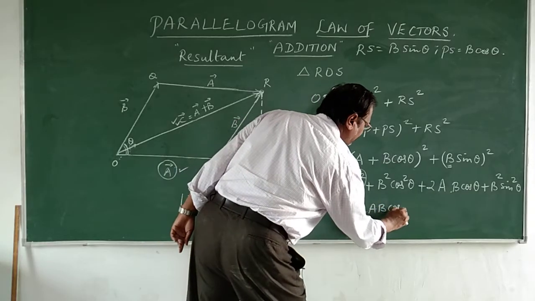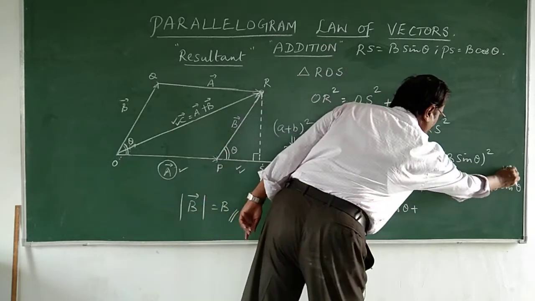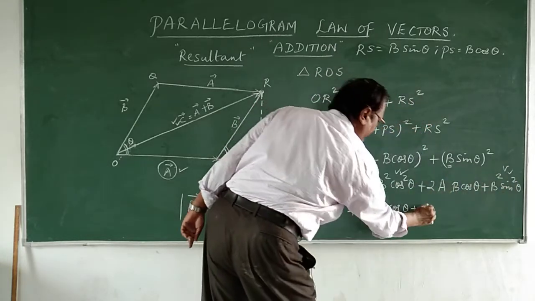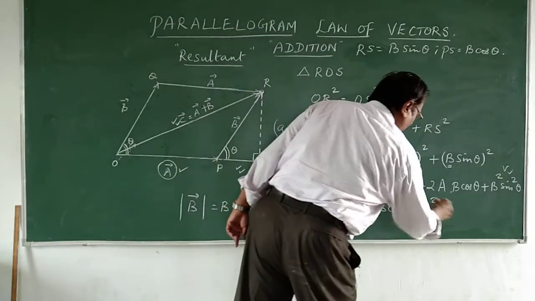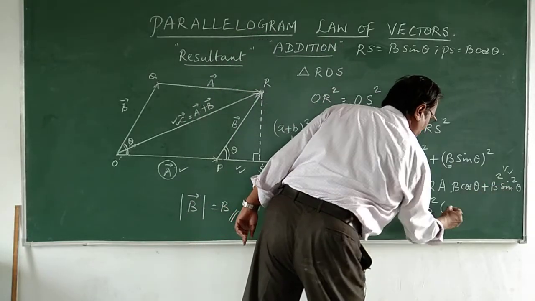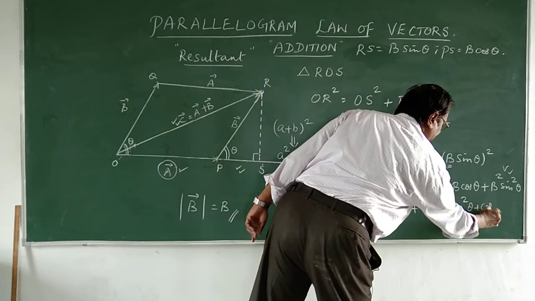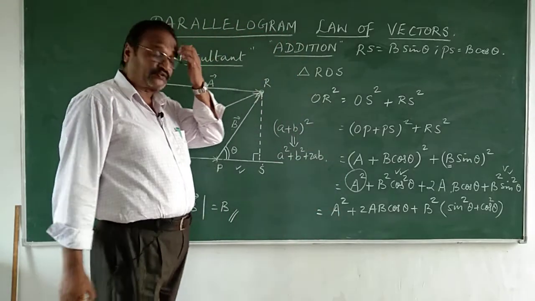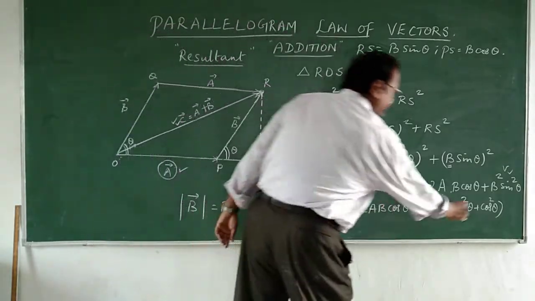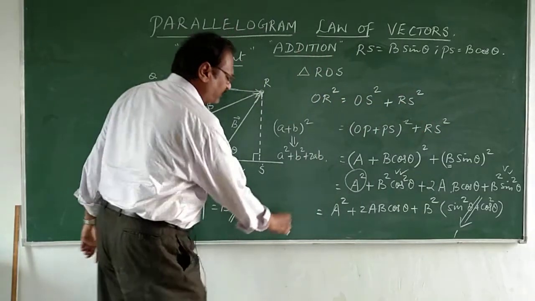Now I have left with only these two terms, that is b square is common, so b square into cos square theta plus sine square theta, which I can write as sine square theta plus cos square theta. What is sine square theta plus cos square theta? This is nothing but equal to 1.